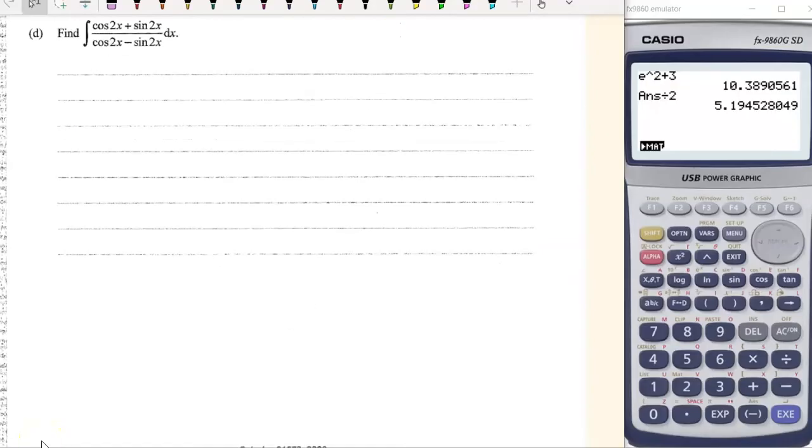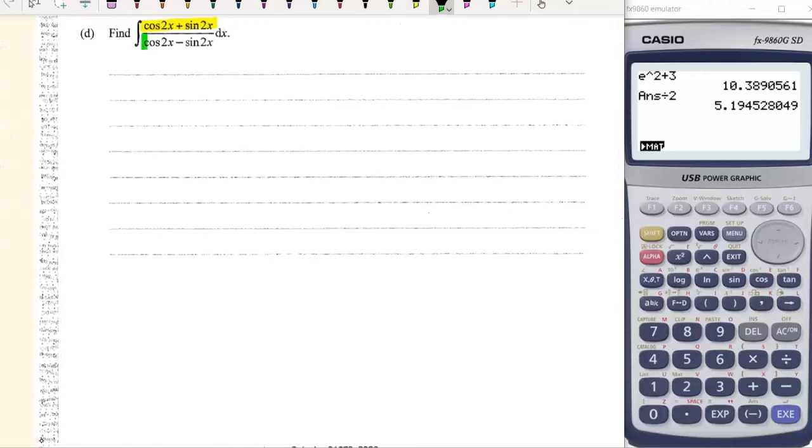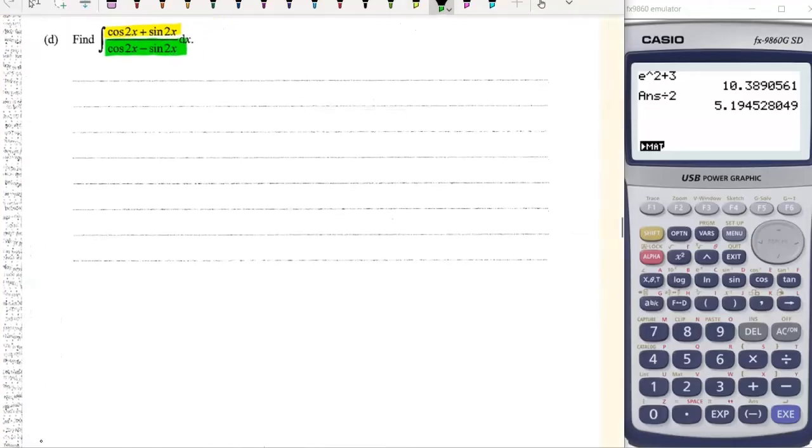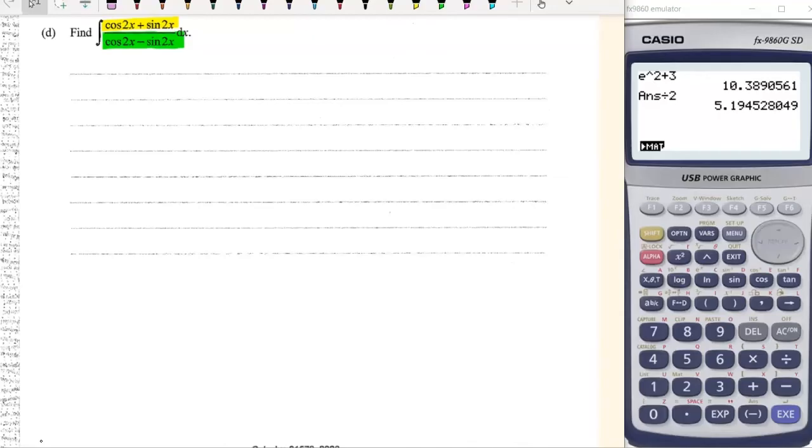Now, part D is actually quite tricky to spot what to do with. You might try a few different things of looking on the formula sheet for what trig things might help you out. But the key here was knowing that cos and sine differentiate to get each other. So the top is something to do with the derivative of the bottom, which means we can use natural log.